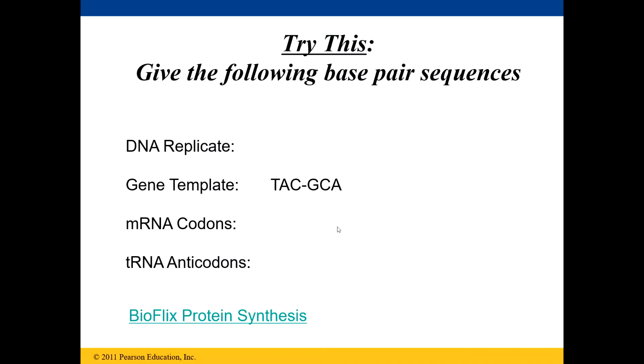And here's a good practice for that. This is over on page 109 in your course outline. Given the following base pair sequences, I'm going to give you a minute to practice this. In this one, here's your sequence TAC GCA. Convert that to a DNA replicate.